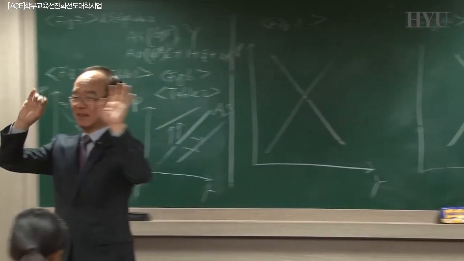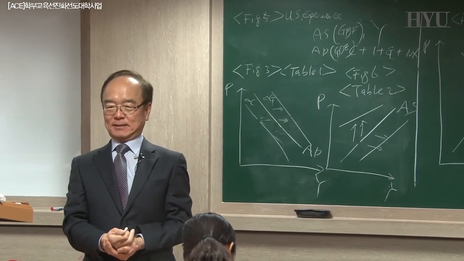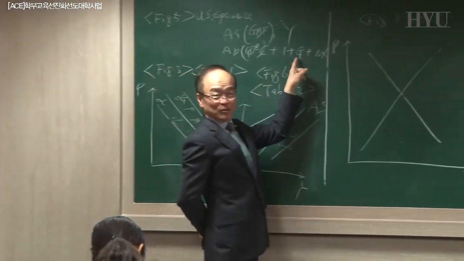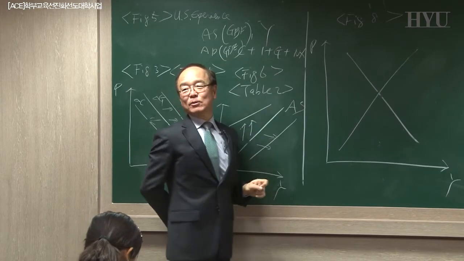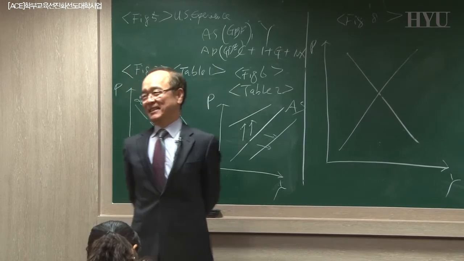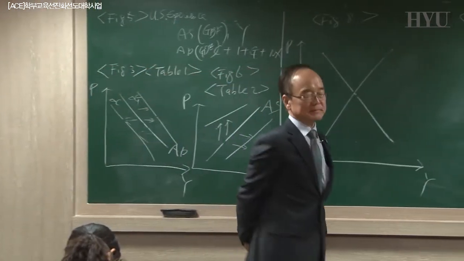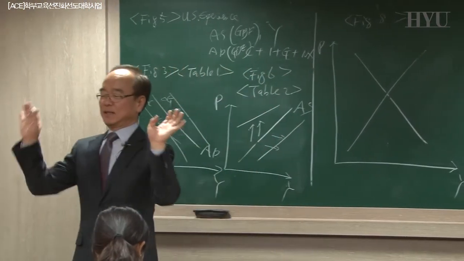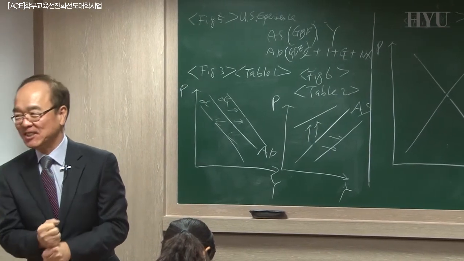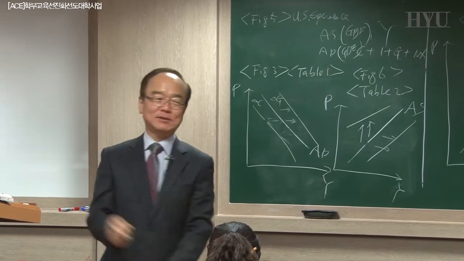So my question is: what if government reduces tax with the same G? G is the same, so this is not affected. What is affected by government tax policy? Consumption, C. As government reduces tax, your disposable income increases. Then you will spend more. Consumption will increase. Understood.